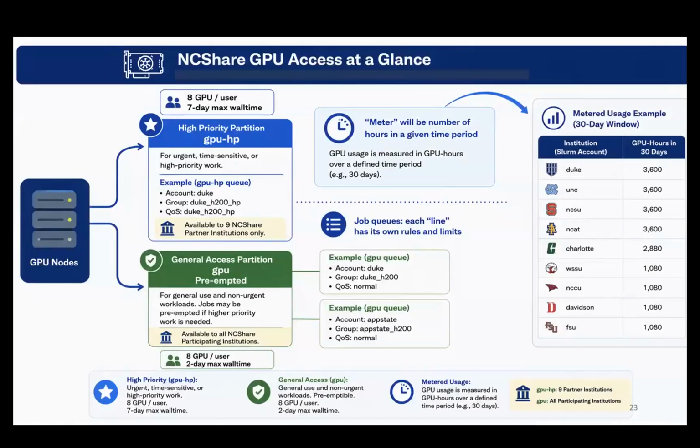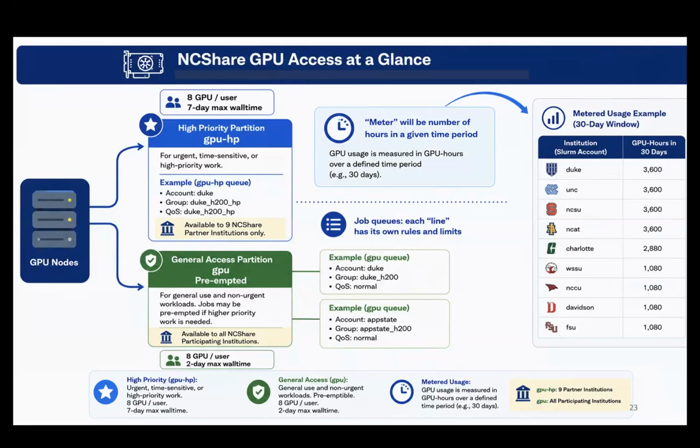All right, so I mentioned that we set up an allocation to provide fair access to users to use the GPUs on NC Share. This is how it looks in practice. I did mention an interactive GPU, but let's forget that for now. There are two main GPU partitions or allocations that users can use.